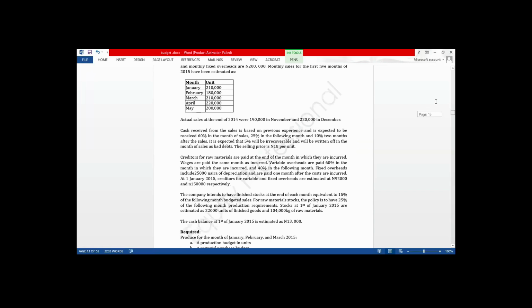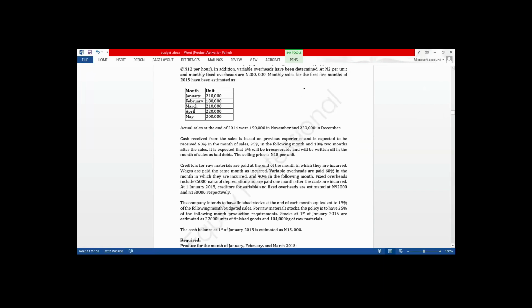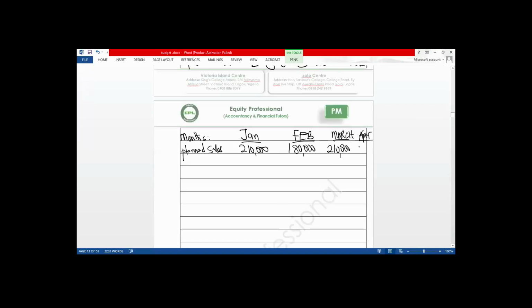Sales for the 4 months of 2015 have been estimated as January 210, February 180, March 210, April 220. You have picked your planned sales in units.